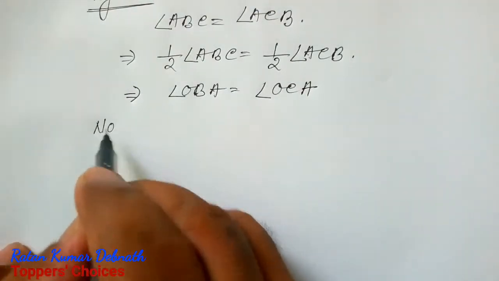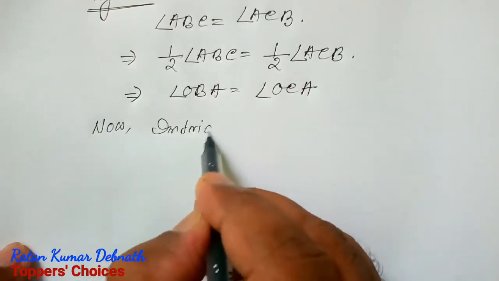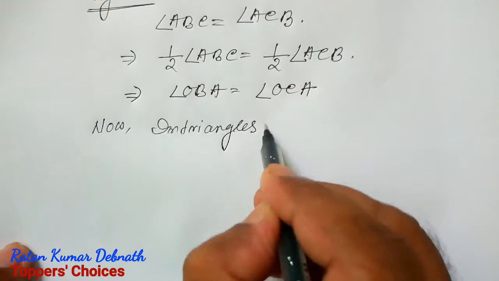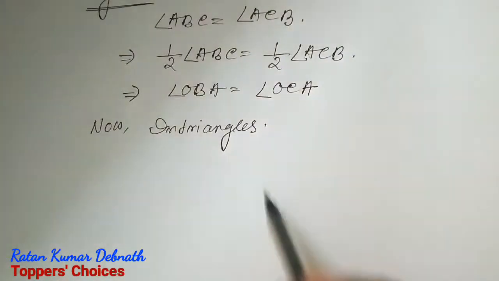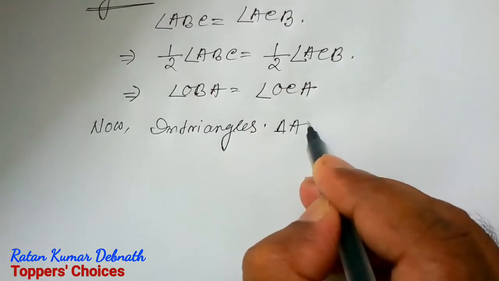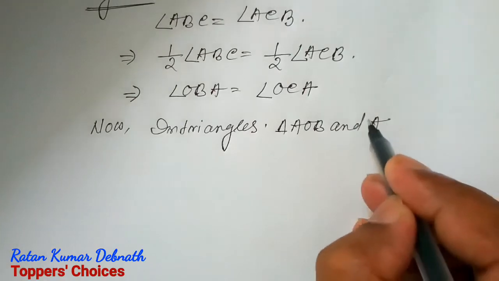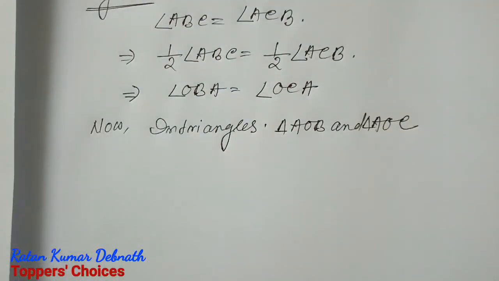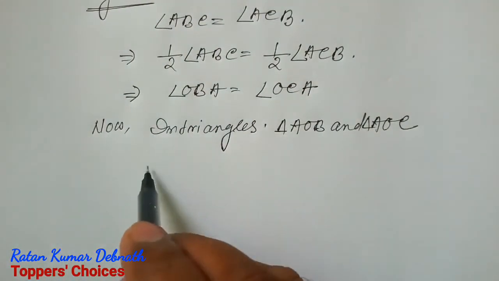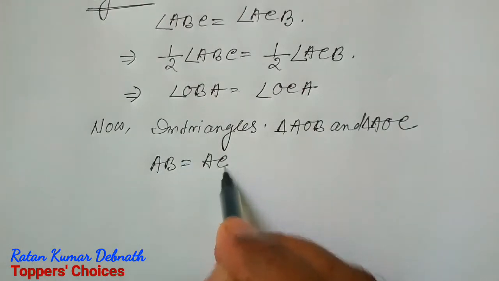Now, in triangles AOB and AOC, we have number 1, AB equal to AC, which is given.